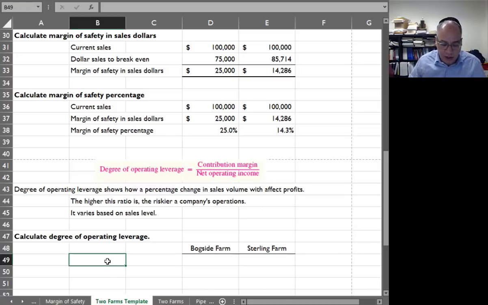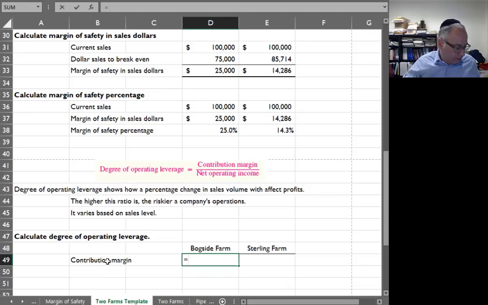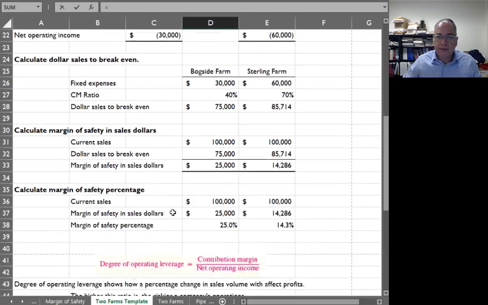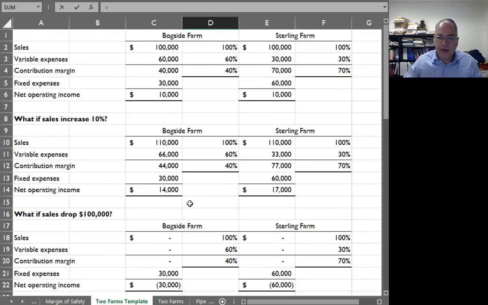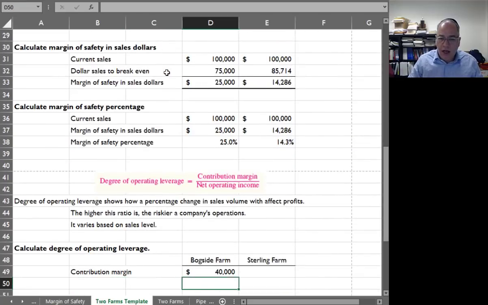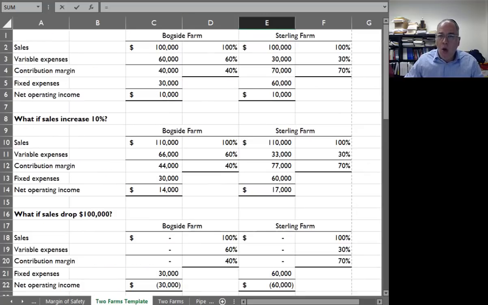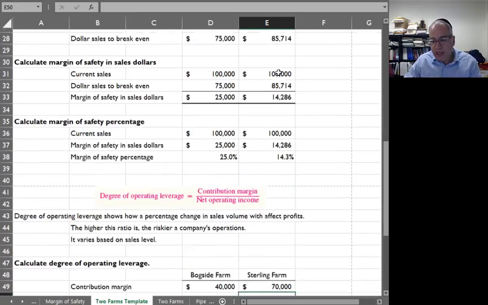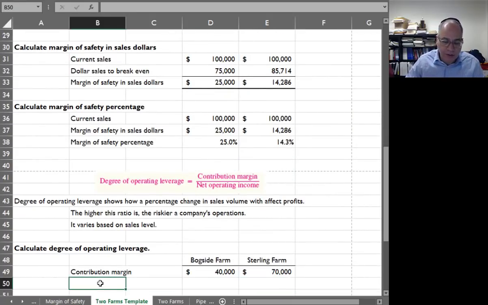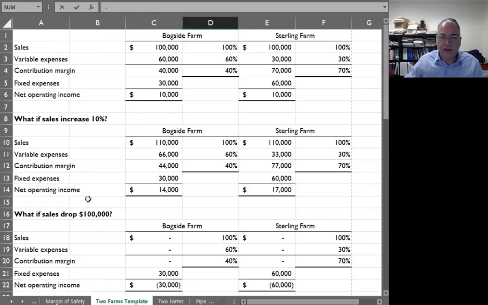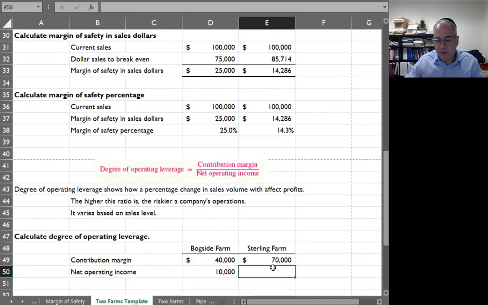Let's do some calculations here. Your contribution margin for Bogside is, let's see, 40,000. And your contribution margin for Sterling is a nice 70,000. Your net operating income for Bogside is 10,000, and your net operating income for Sterling is 10,000.